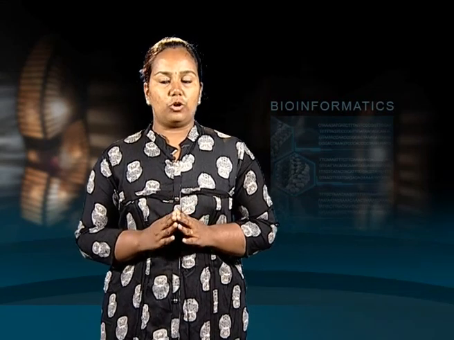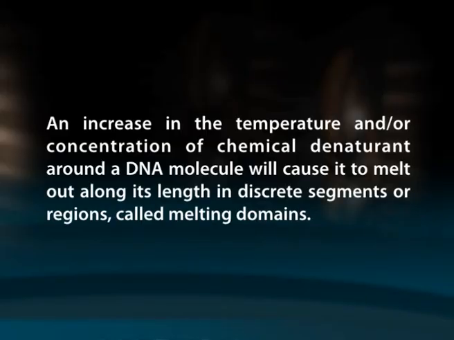The two complementary strands of DNA melt out or separate under conditions of increased temperature or under the influence of certain chemicals termed denaturants. An increase in the temperature and/or concentration of chemical denaturant around a DNA molecule will cause it to melt out along its length in discrete segments or regions called melting domains.